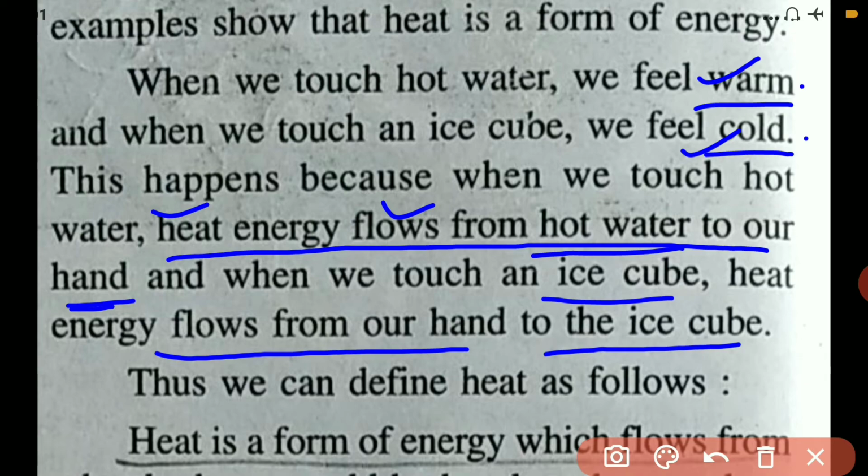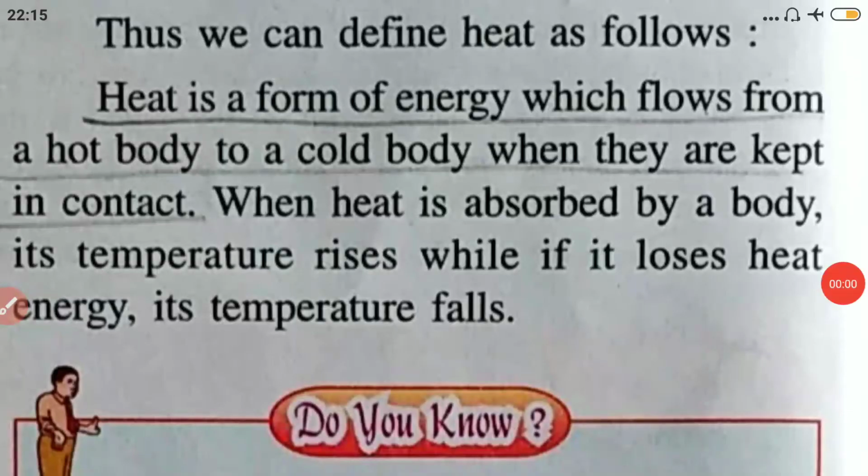Warmth is created when the heat is flowing into the body, from the hot body to the cold body. So a cold body will start feeling warm when the heat flows into it, and the hot body will start feeling cold when the heat is flowing out of the body.